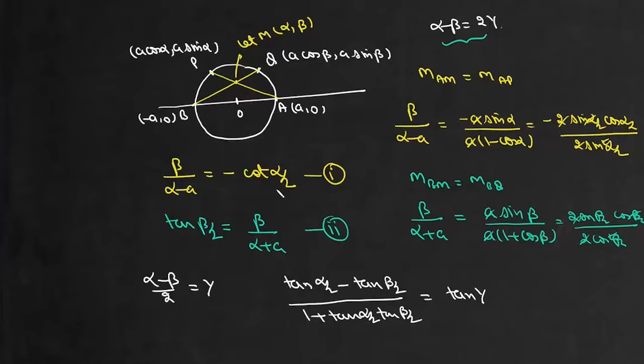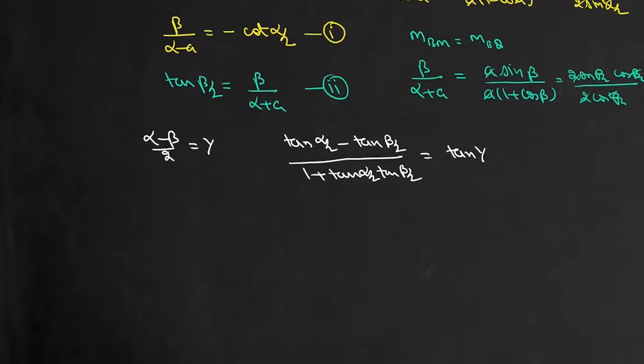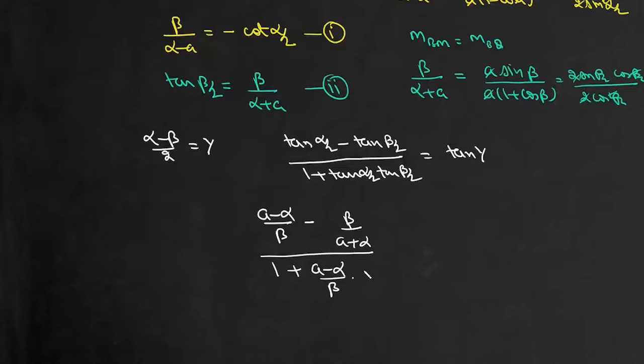Now tan alpha by 2 is a minus alpha upon beta. So we can write this as (a minus alpha upon beta minus, and tan beta by 2 is beta upon a plus alpha), and here it is 1 plus (a minus alpha upon beta) into (beta upon a plus alpha), and it is equal to tan gamma.